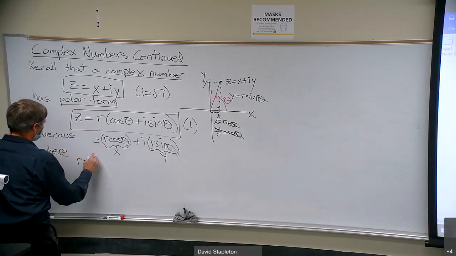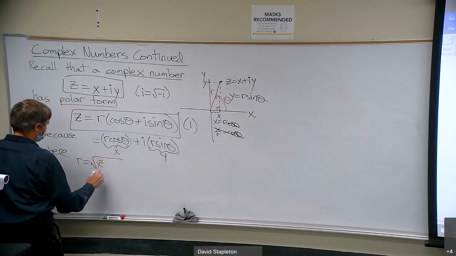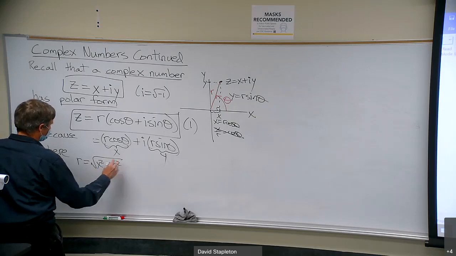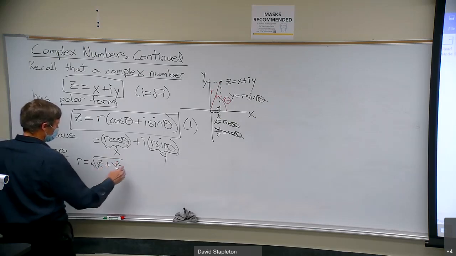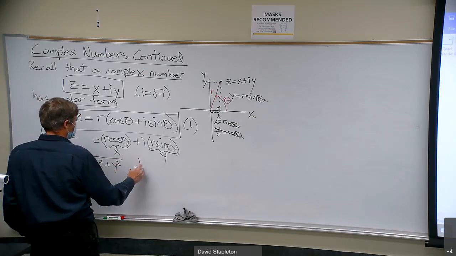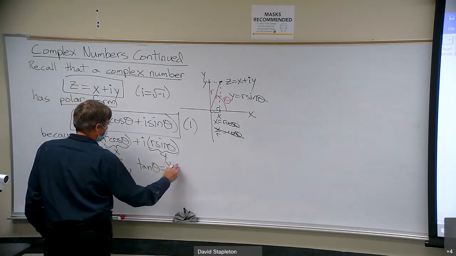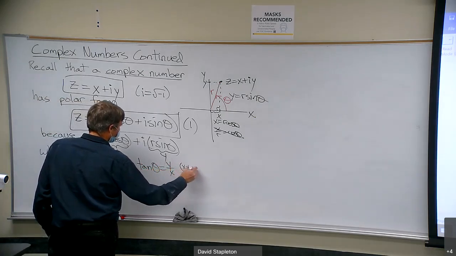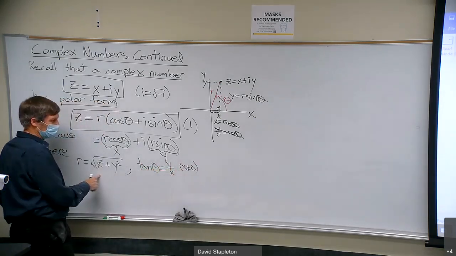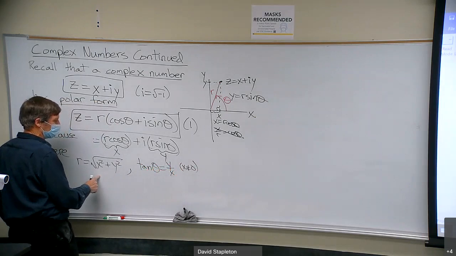r is equal to the square root of x squared plus y squared, not plus or minus. We'll only take the positive value of r. And tangent theta equals y over x will apply when x isn't equal to 0. And since we're picking r greater than 0, remember we have to pick theta in the same quadrant as the point.